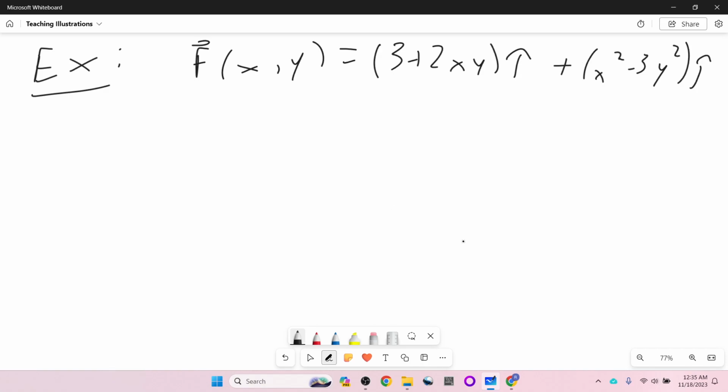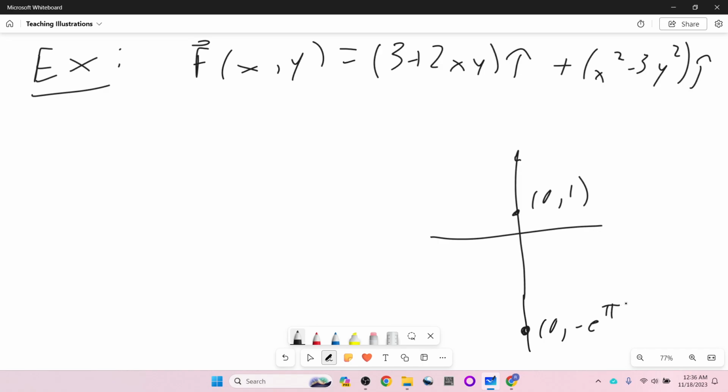And we want to go from the point 0, 1 down to 0, negative e to the pi. And they told you to take this weird path that was really hard to parameterize.